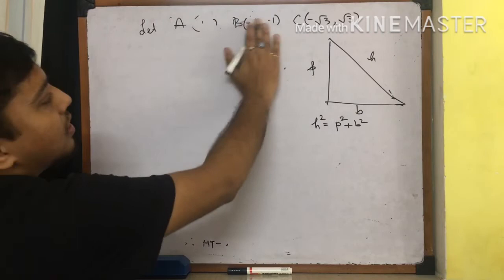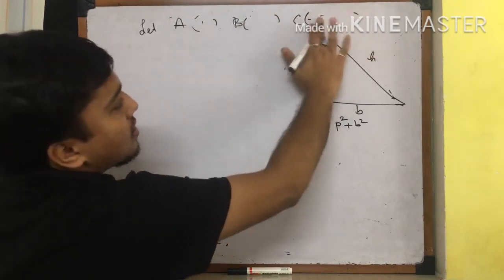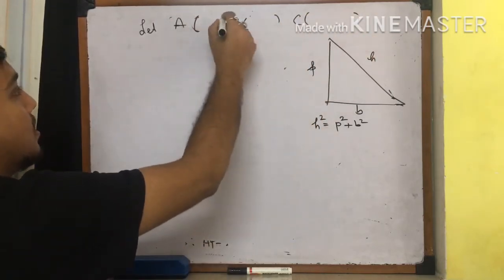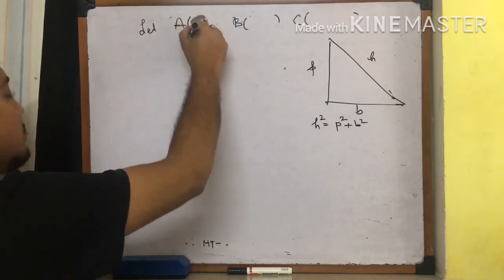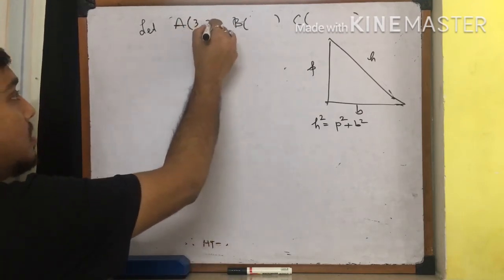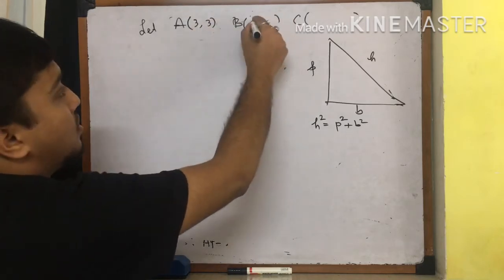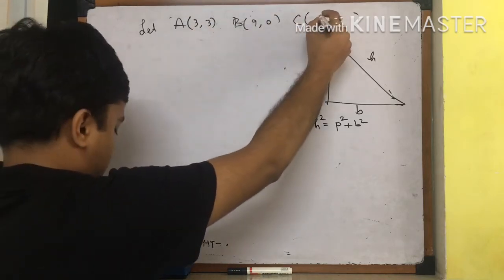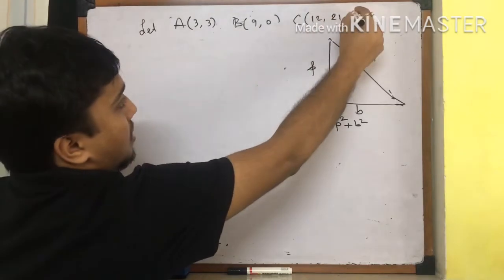So the coordinates of the 3 points are given as (3, 3), (9, 0) and (12, 21).